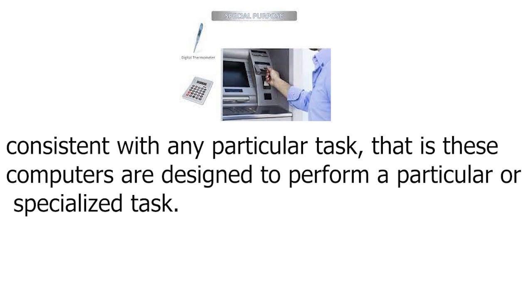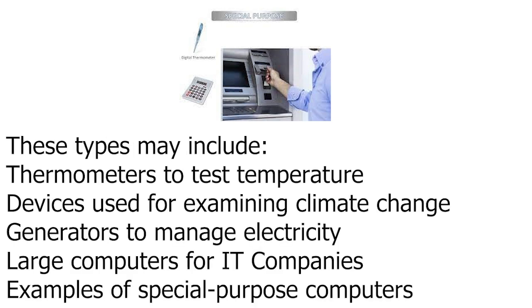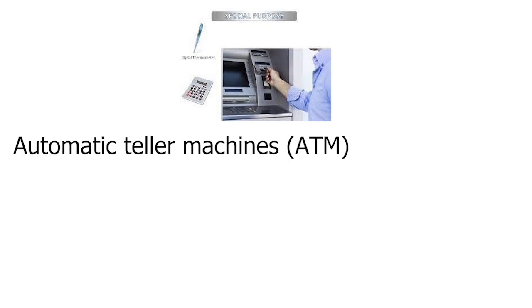That is, these computers are designed to perform a particular or specialized task. These types may include a thermometer to test temperature, a device used for examining climate change, generators to manage electricity, large computers for IT companies. An example of a special purpose computer is the automatic teller machine, ATM.